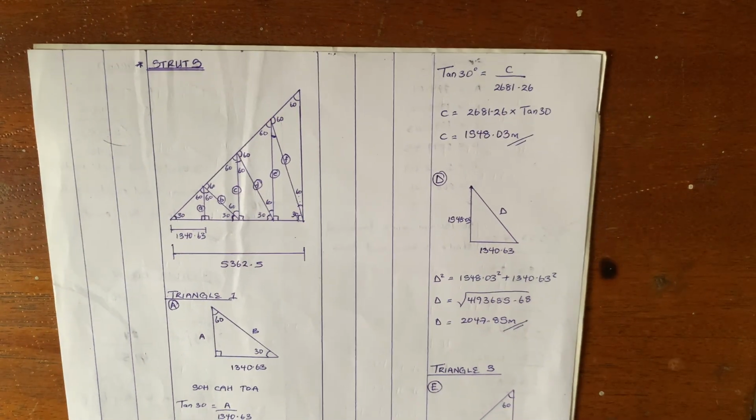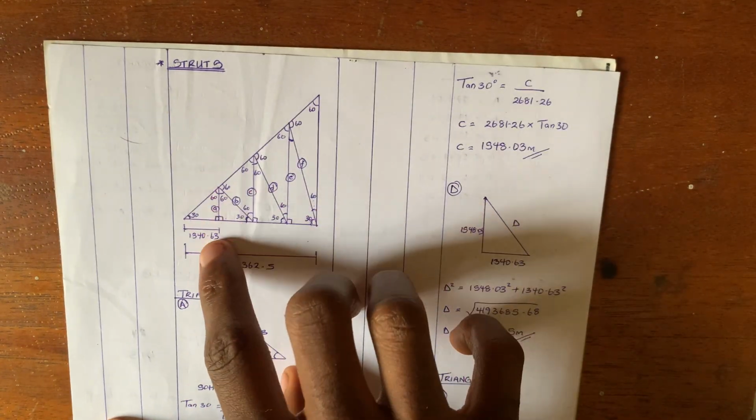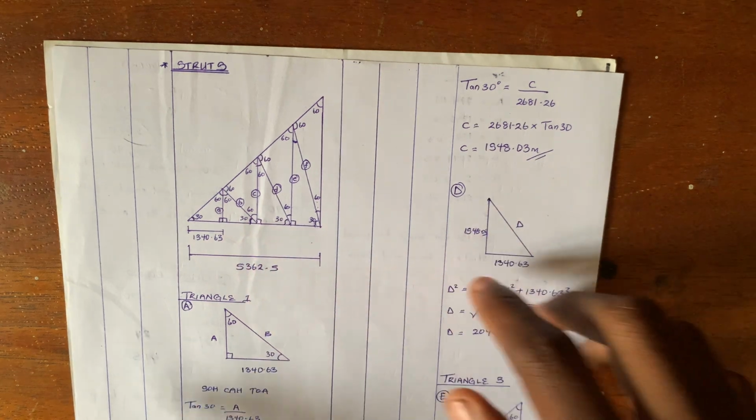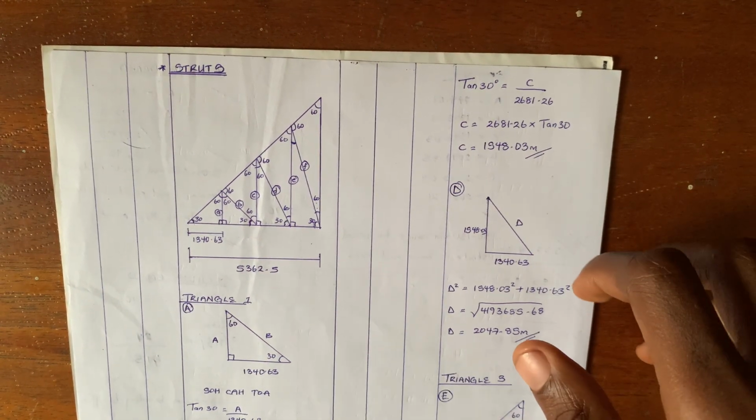Now, if you are able to do this correctly, then finding the measurement of each of the struts shouldn't be difficult. So how do I do that now?